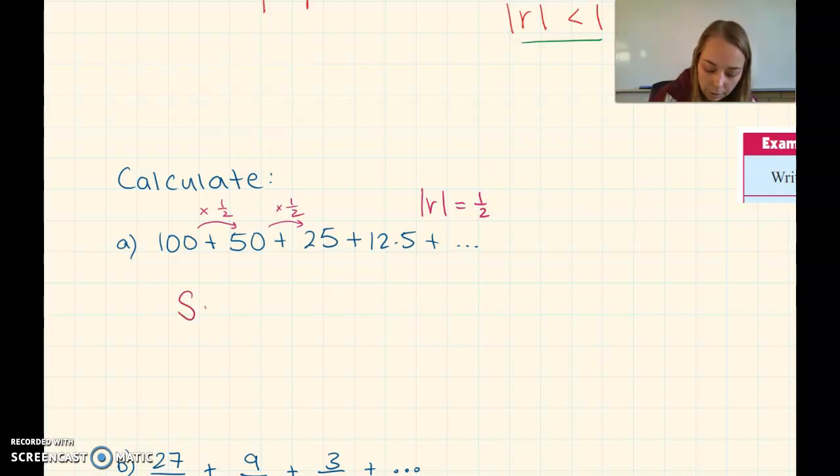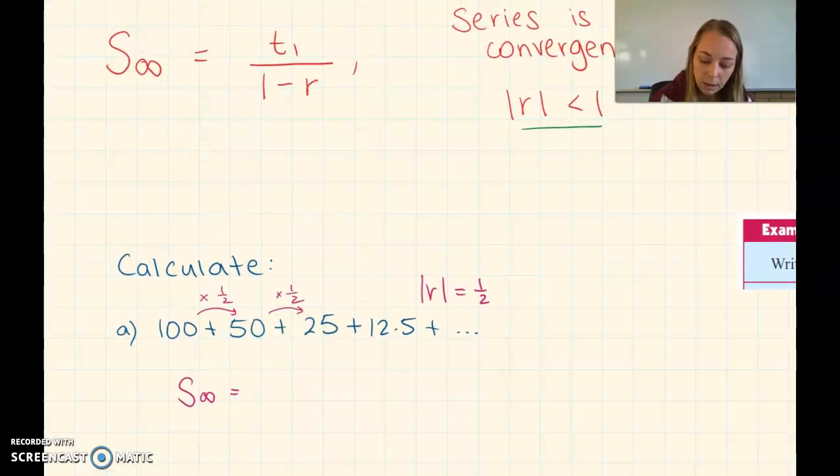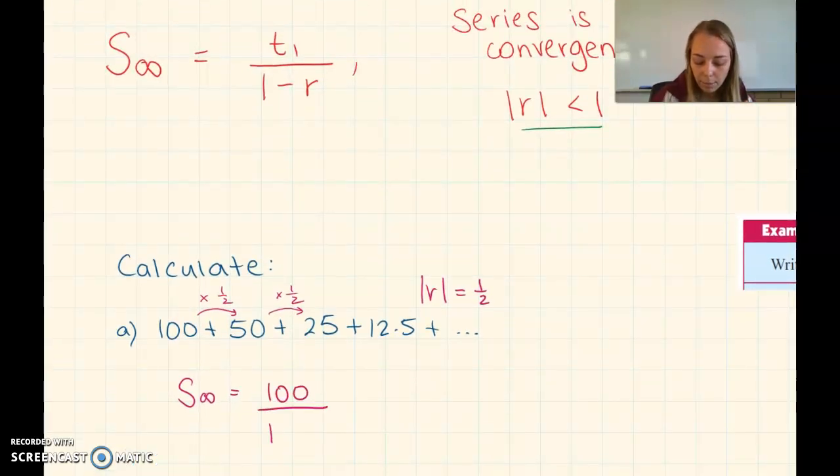We have S infinity equals T1, which is 100, divided by 1 minus a half. So what that is going to look like is 100 divided by a half. If you're dividing fractions, you should really be able to do this in your head. Remember this line here just means divide.